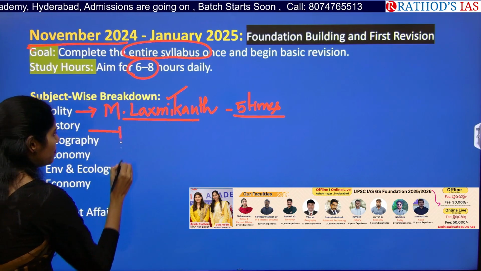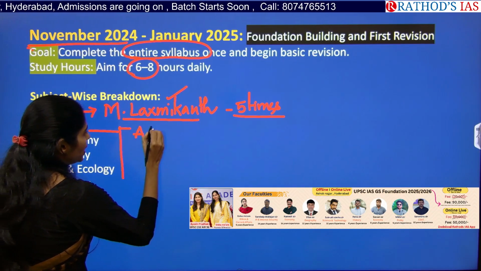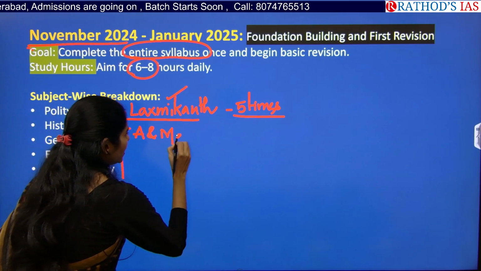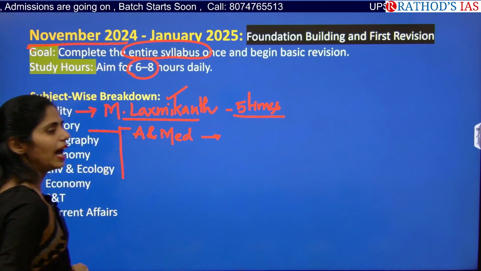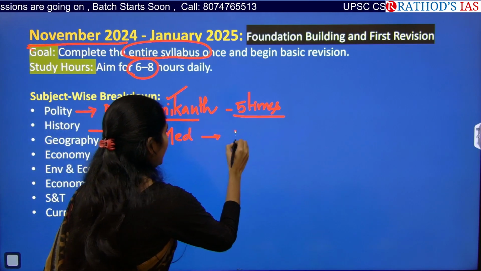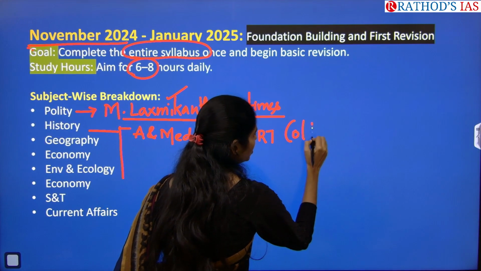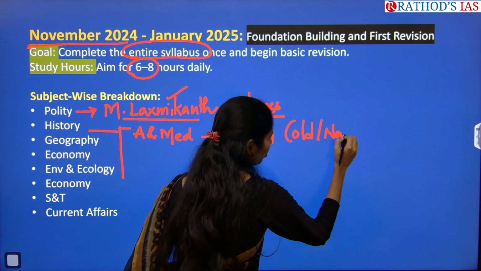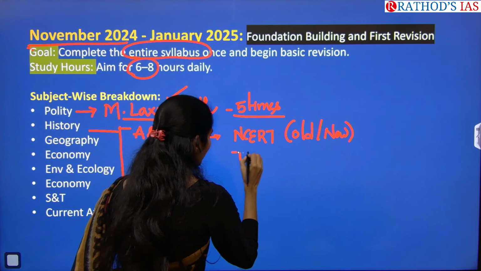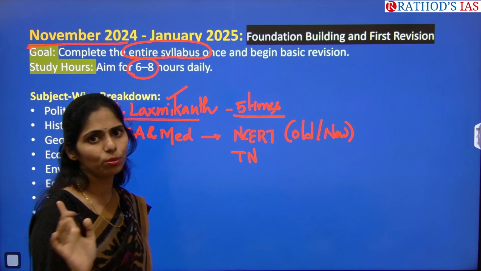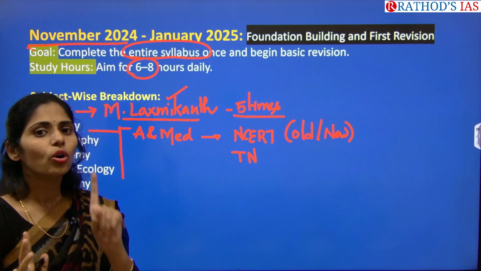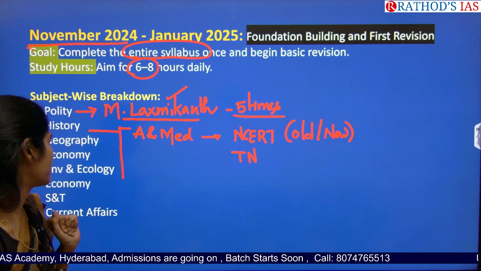And for history, you will be having ancient and medieval history, right? For this ancient and medieval history, I recommend you to read NCERTs. Whether it is old or new, whatever books you have, go through that. Or else you can read the Tamil Nadu State Board books, either this or that, only one according to your convenience.